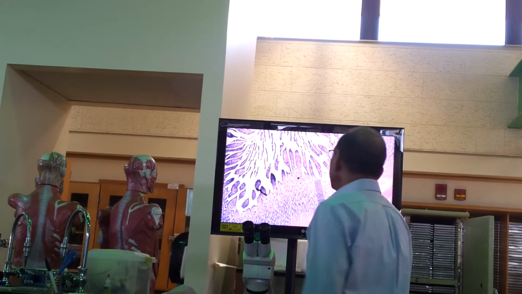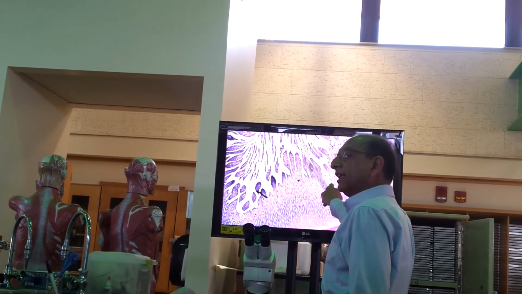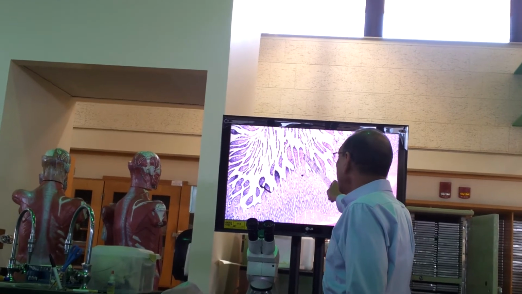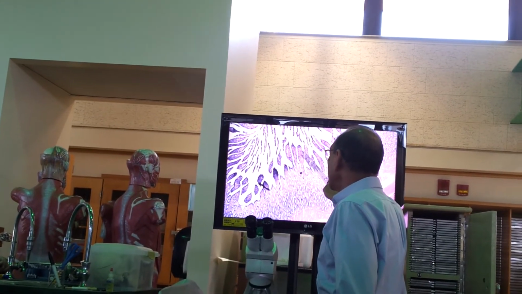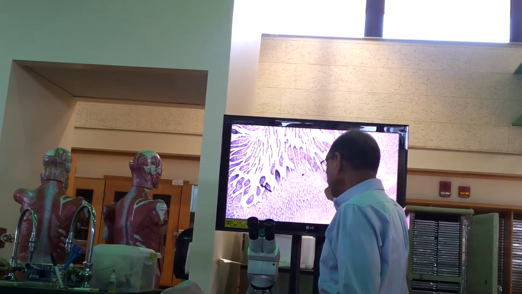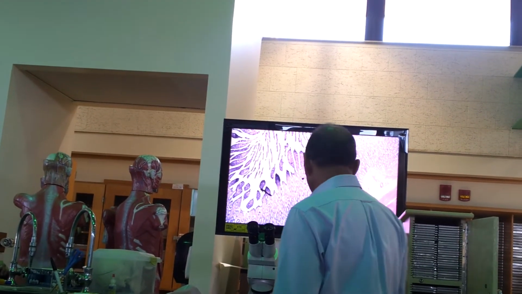And in these folds, other than epithelium, the central part of the fold is called lamina propria. Lamina propria.